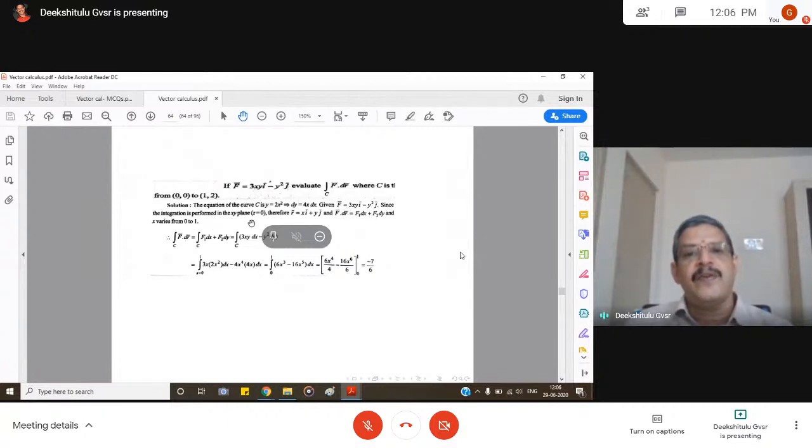Since integration is performed in the xy plane, z is considered as 0, so F dot dr is, because r bar is dx i plus dy j, 3xy dx minus y square dy. But the curve is y equal to 2x square and we have to integrate along C, so we have to substitute this y in this integral. So y is equal to 2x square and dy, so this is what we get.